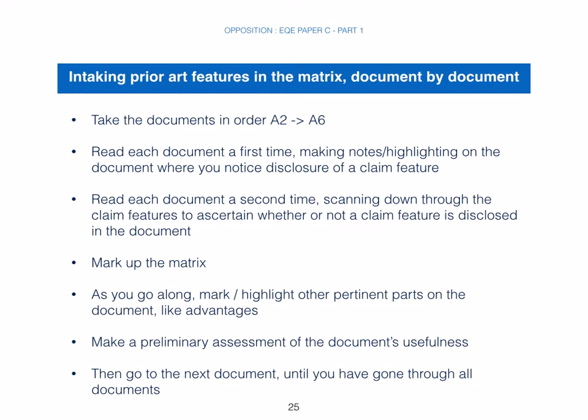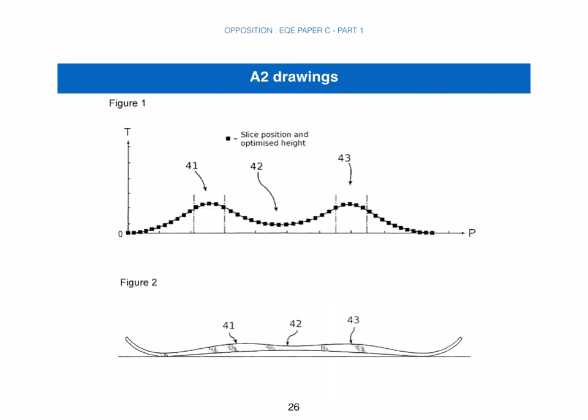We can start by glancing at each document's drawings. So we'll start with A2. We have here the drawings of A2. Figure 1 looks like a graph related to varying core thickness along the length.